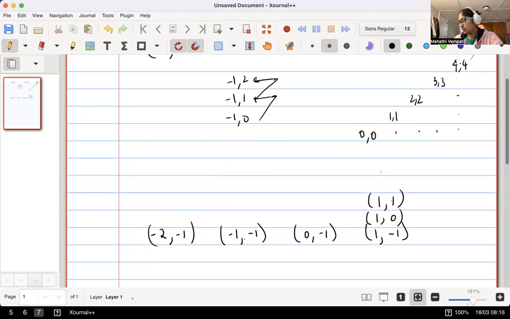Okay. So then if I come here, it'll be minus 1, 0. And if I come here, it'll be 0. Yeah, it's beyond the diagonal. Yeah, I'd say that.